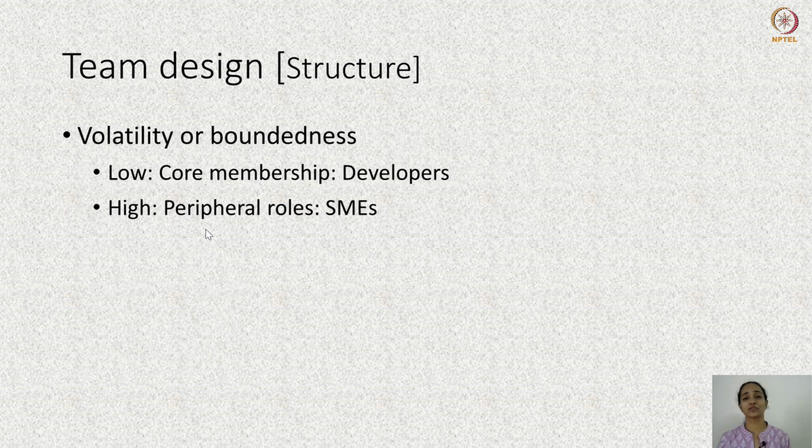Another important aspect of team design is the volatility or the boundedness of the team. Boundedness refers to the extent to which membership in the team is stable. There are three aspects to it. The first aspect is whether team members work on multiple teams or are assigned only to one team.